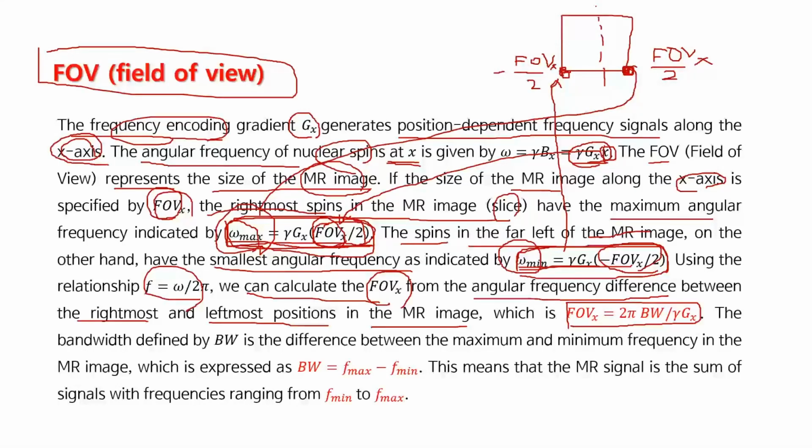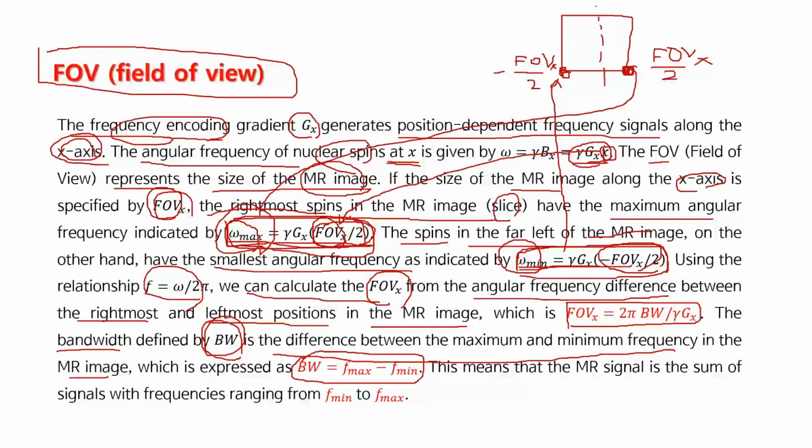The bandwidth, defined by BW, is the difference between the maximum and minimum frequency in the MR image, which is expressed by this equation.